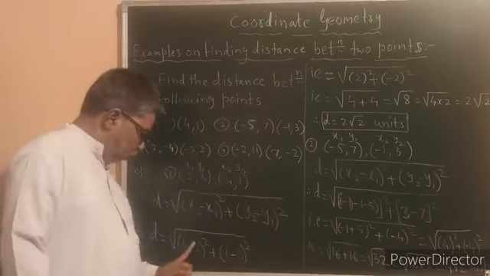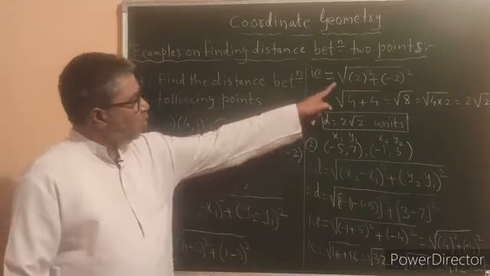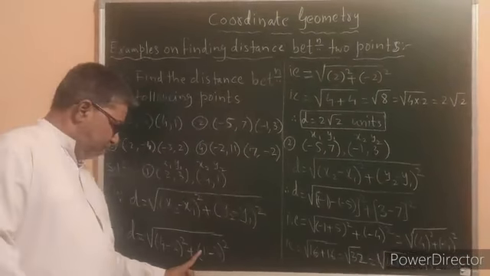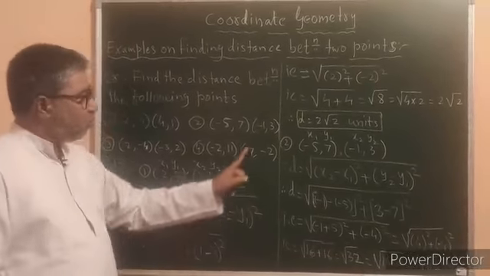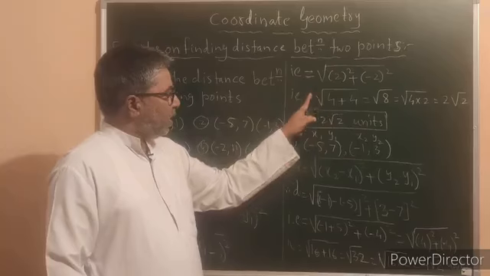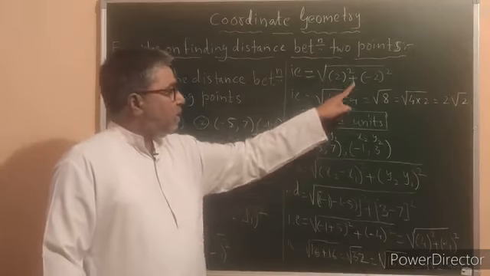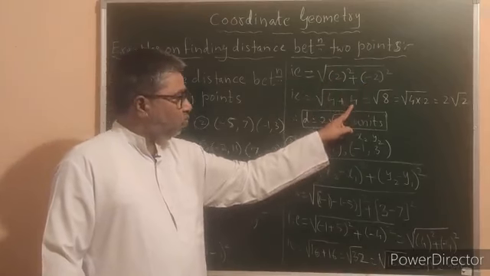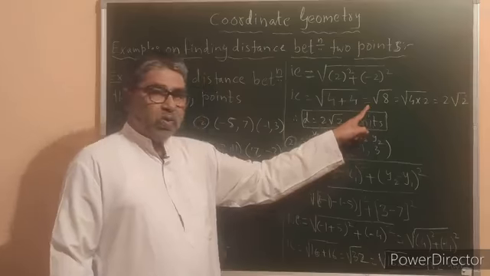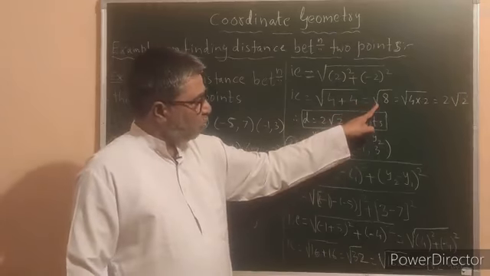So that is equal to 4 minus 2 will be 2, 2 square, plus 1 minus 3 will be minus 2, (minus 2) whole square. That is equal to square root of 2 square, you know, 4, and (minus 2) square is also 4. 4 plus 4 is equal to 8. So this is equal to square root of 8.